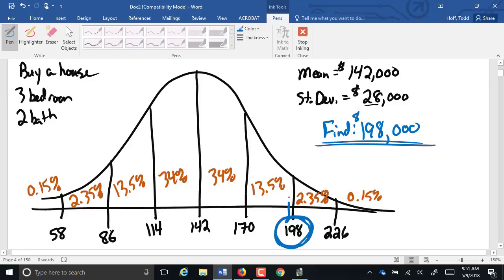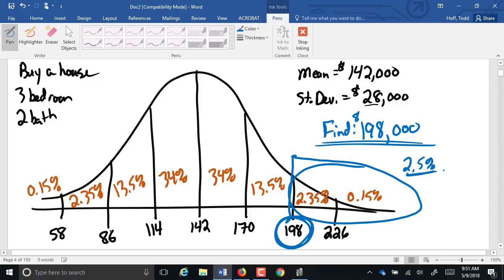If we want to know what percentage of houses are that price or above, well, more than that would be to the right here. We look at those percents, and if we add them up, that's 2.5%. What that's telling us is only 2.5% of all 3-bedroom, 2-bathroom houses that have sold in the last few years went for more than 198,000.